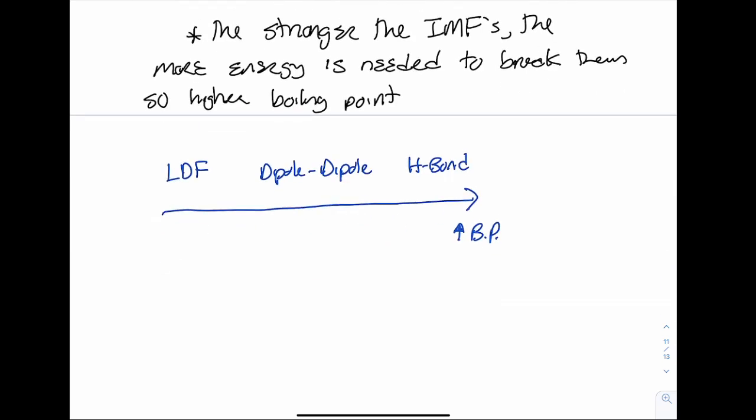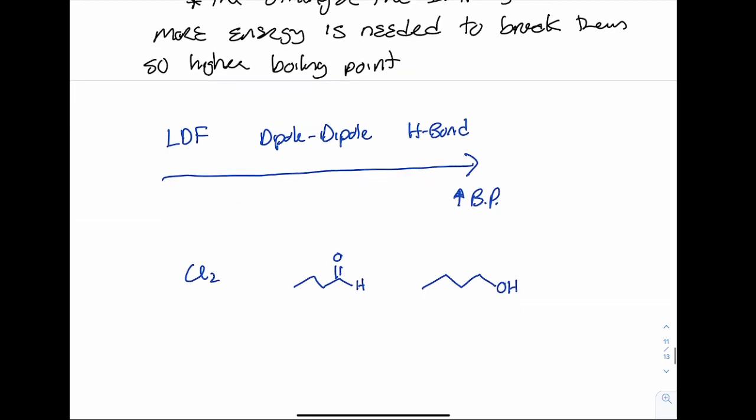An example, if I was to compare diatomic chlorine to this aldehyde, right? I have a carbonyl bonded to a hydrogen, to this alcohol. So chlorine is nonpolar, right? It only has London dispersion forces.